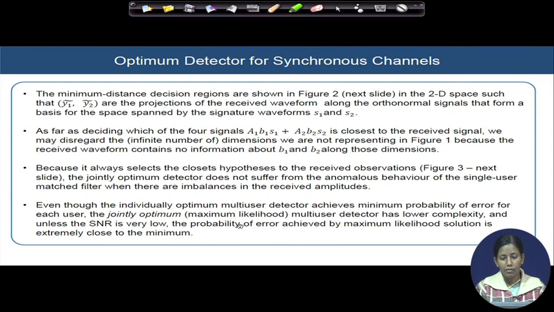And we will see at one point that the individually optimum multi-user and the jointly optimum detection processes both try to converge at a point.